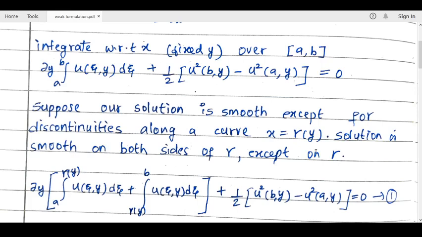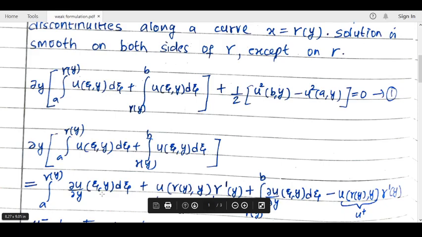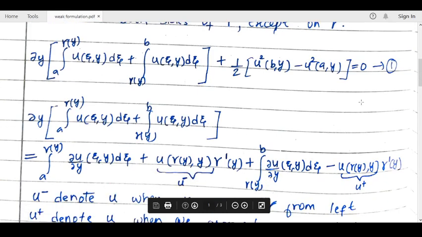So we will split the region of integration a to b as a to gamma of y and gamma of y to b, and we mark it as equation number 1. Now we will simplify the first term alone, and later on we will substitute its value in equation 1.